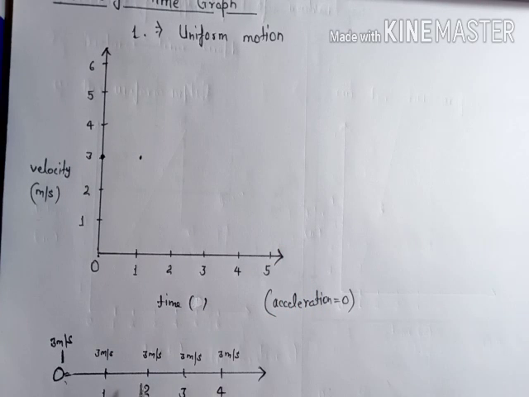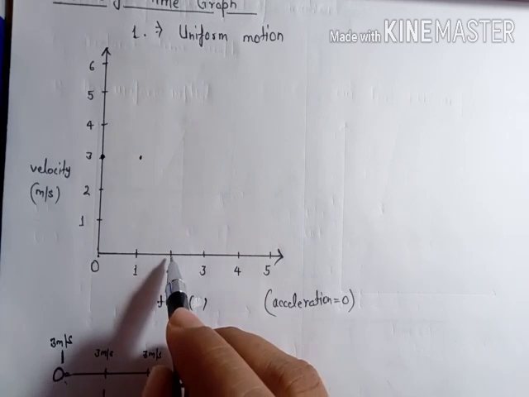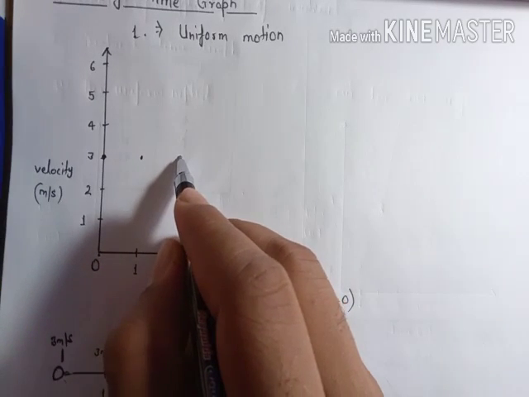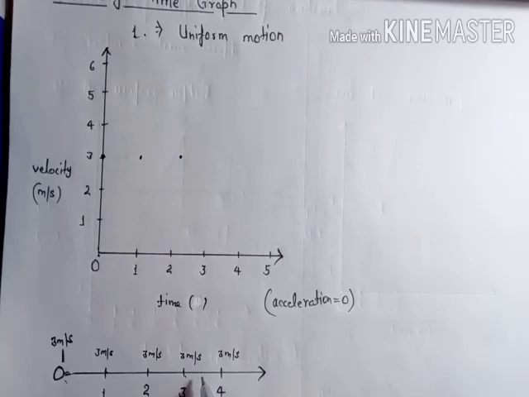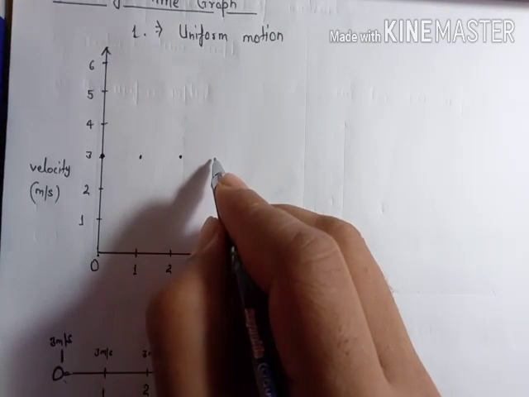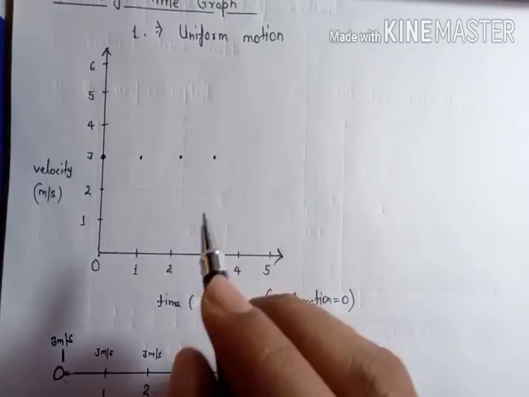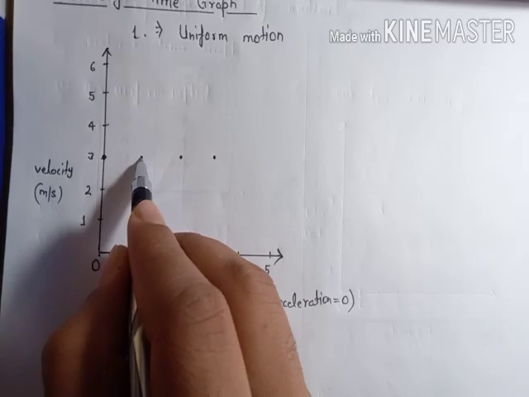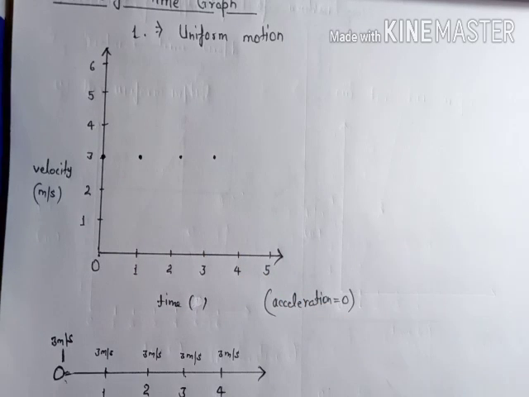After 1 more second the velocity of the body is still 3 meter per second, and you can see this is again here. After 1 more second the velocity is the same because this is uniform motion. So you can plot 3 to 4 points, and all these points are collinear.